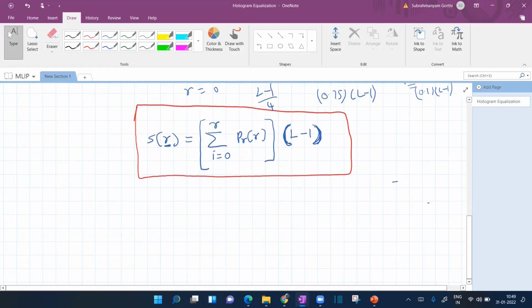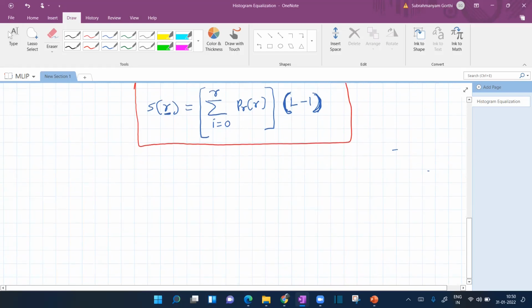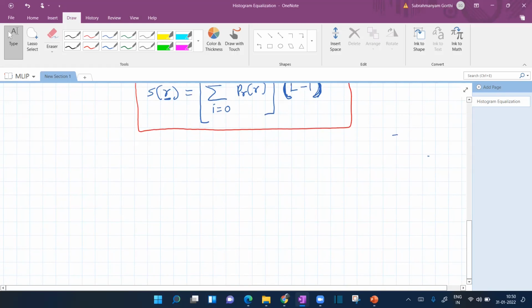So let me now go through the formal derivation of this, that would highlight the important properties of this histogram equalization. We have written now S of R is equal to, you applied some transformation on R. What is the transformation? That's what we were figuring out.